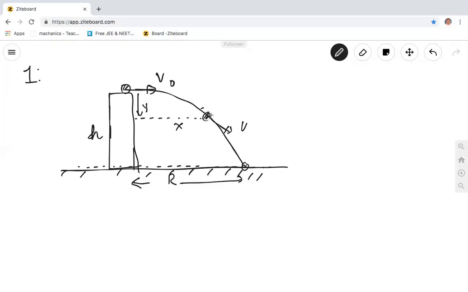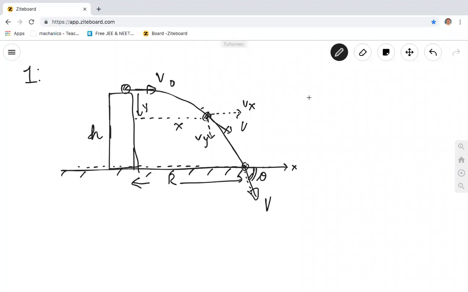And also I want to find this Vx velocity and Vy velocity. Then I want to find at what angle it hits the ground. I will also find the time from here to here.